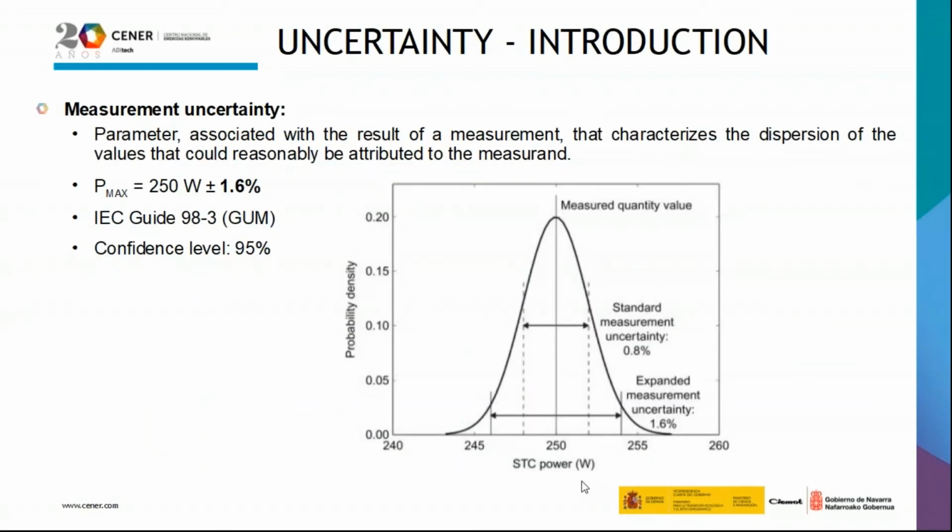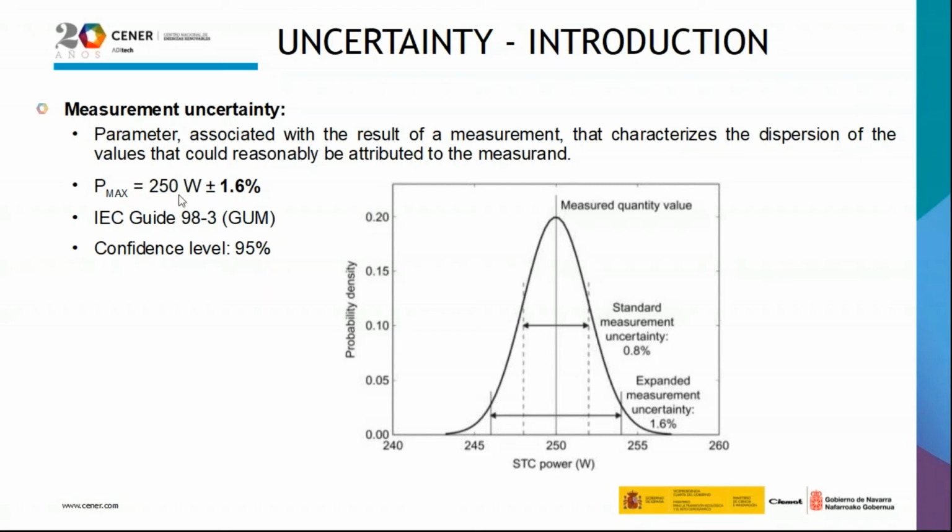So, something about the uncertainties. The uncertainty is the parameter associated with the result of a measurement that characterizes the dispersion of the values that could reasonably be attributed to the measurement. What does that mean? That means that we don't really know the real value of a measurement. What we can know is just a range.